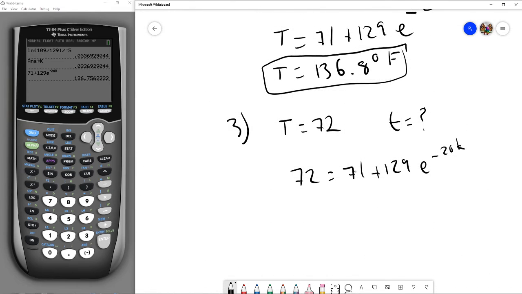So let's subtract the 71 over. We have to solve for, why did I do the 20? No, that's bad. That should just be kt, but we already know what k is. So 1 will equal 129 e to the negative kt. Now we need to take the log.